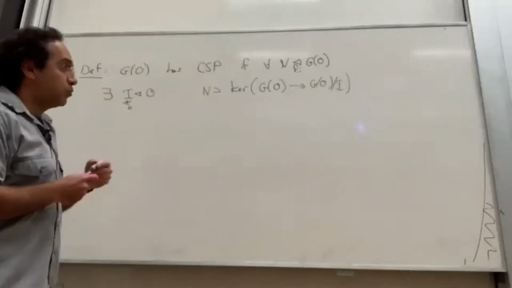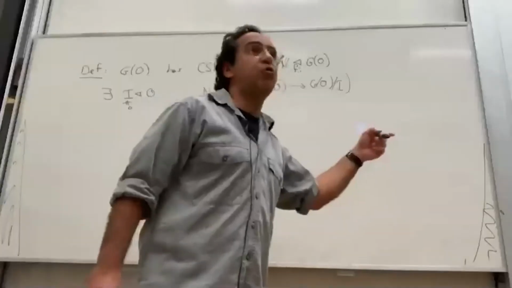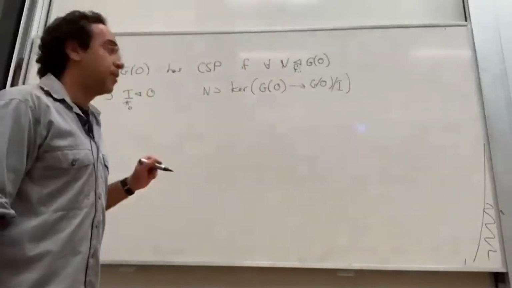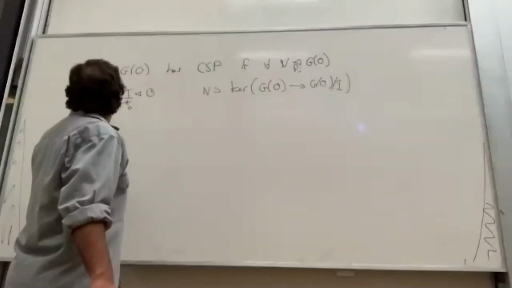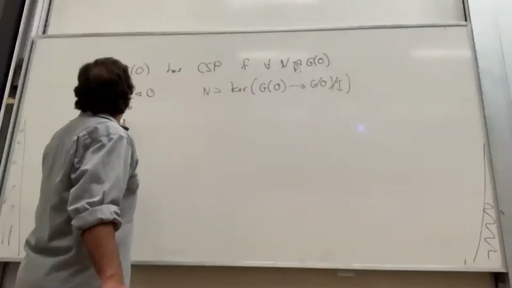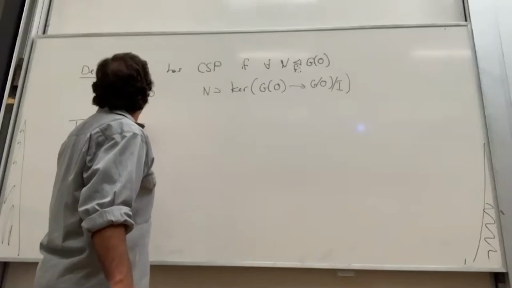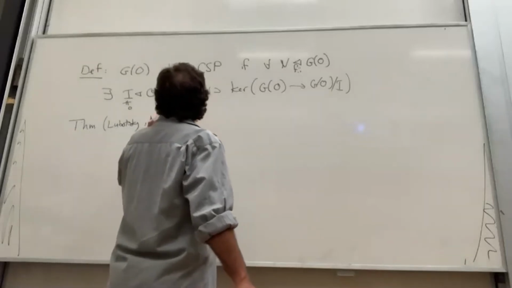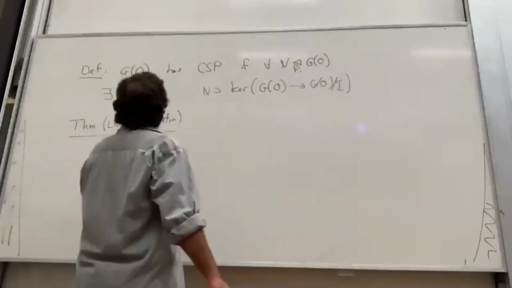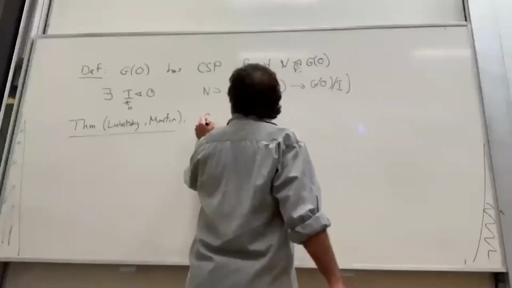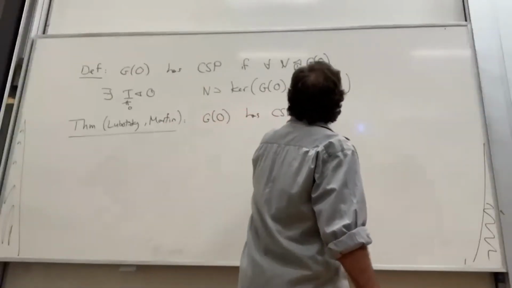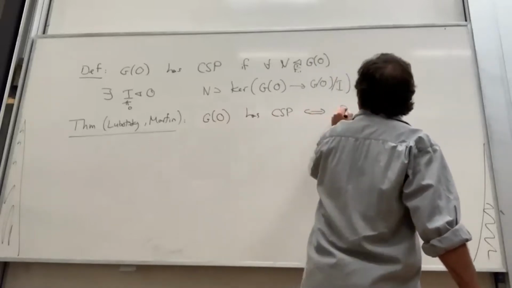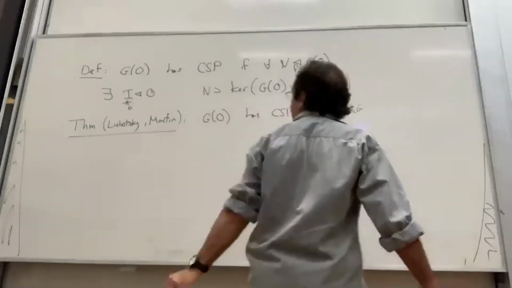And for these groups, it turns out that these are exactly the groups that have polynomial representation growth. So it's a theorem by Lubotzky and Martin that G of O has the congruence subgroup property if and only if it has polynomial representation growth.